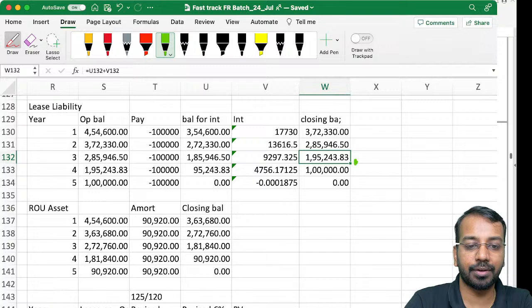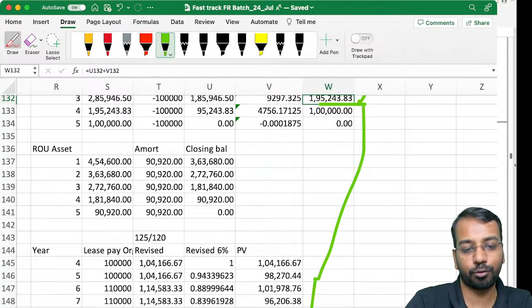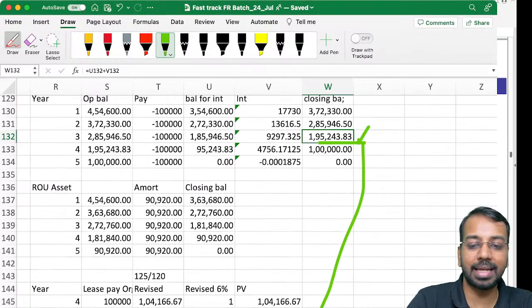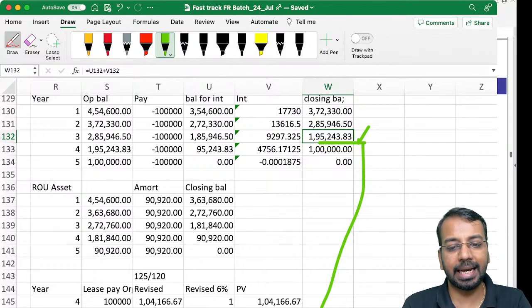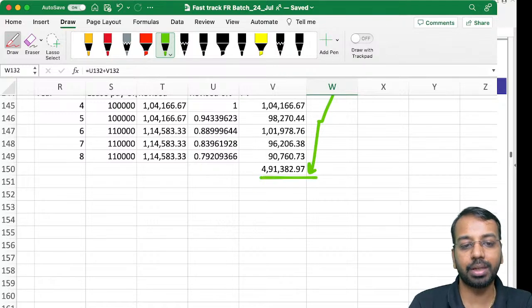You need to compare that with 491,382. 195 is my closing balance at the end of year 3, or opening balance at the start of year 4. On that date, I am remeasuring the lease liability and now I have got the amount of 491,382.